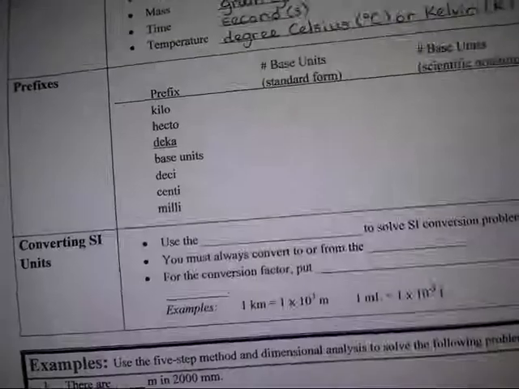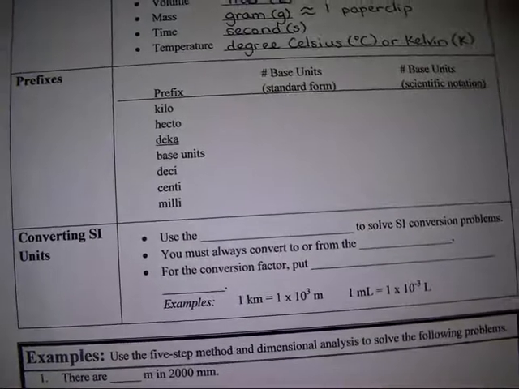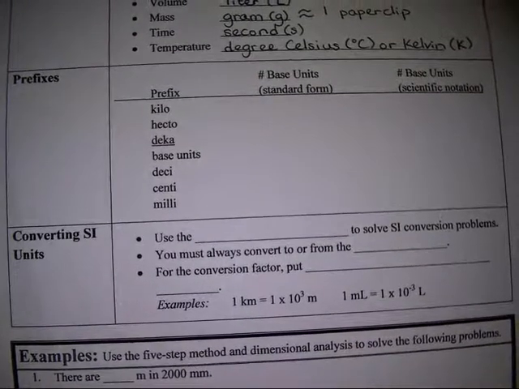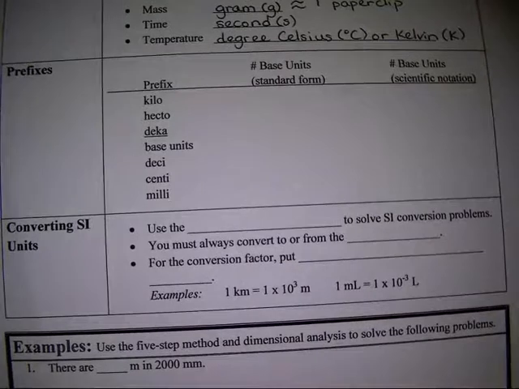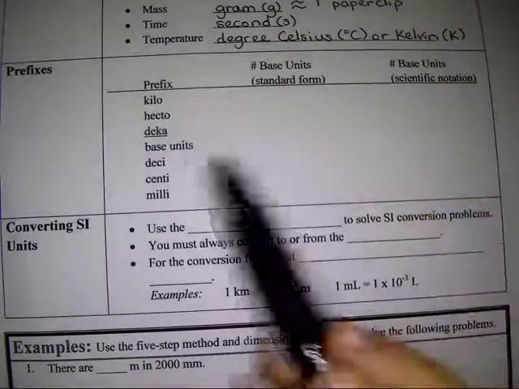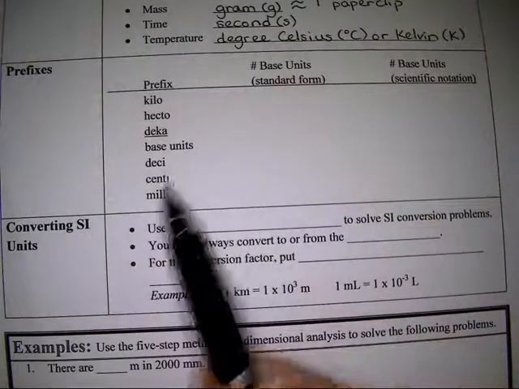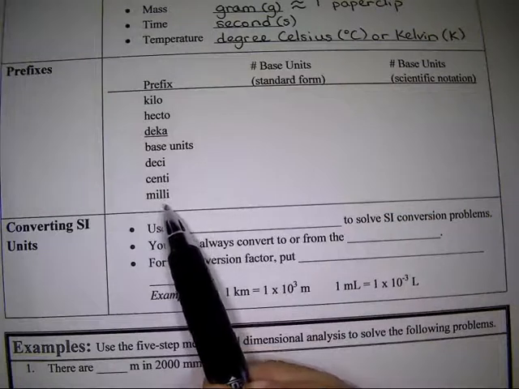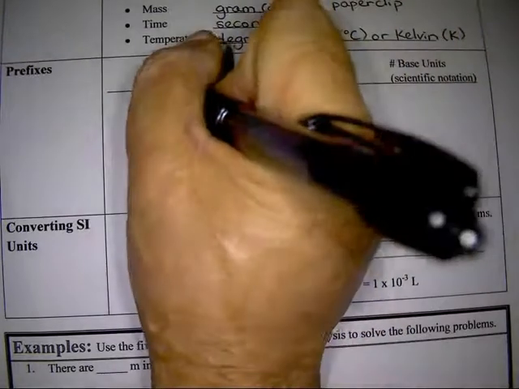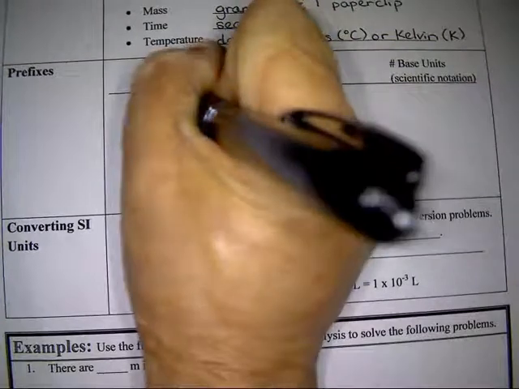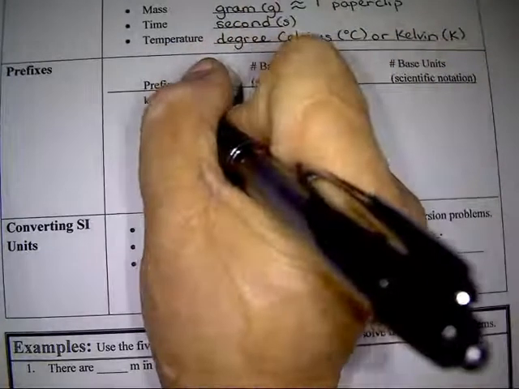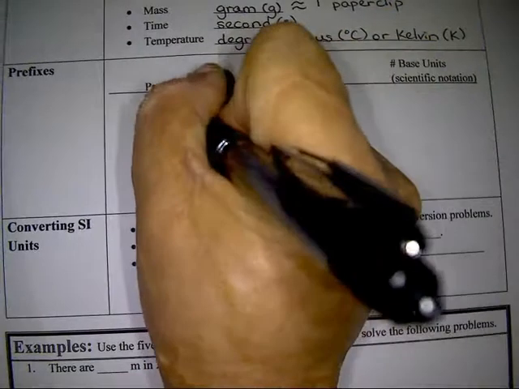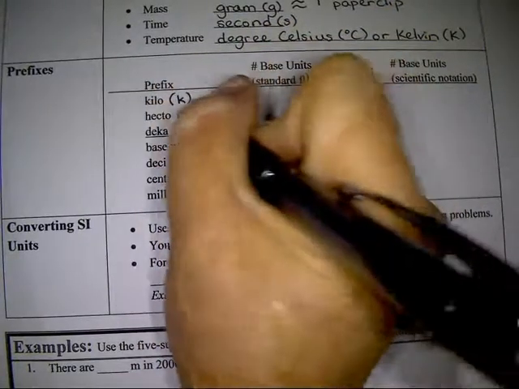Alright, let's talk about the prefixes. You have probably all heard of these prefixes. Okay, we have kilo, hecto, deca, the base units, deci, centi, and milli. Okay, first thing that I want to do is just give you the abbreviations. So kilo is K, hecto is H, deca is DA.